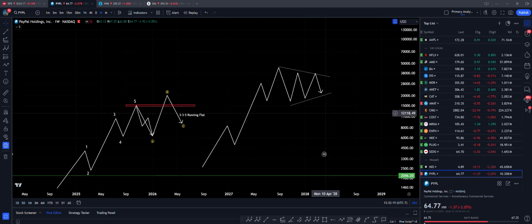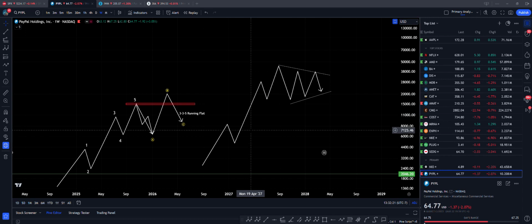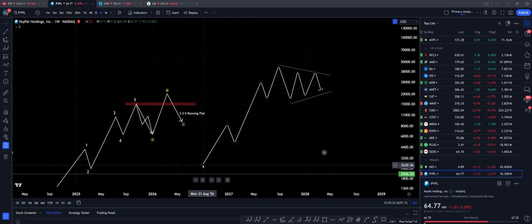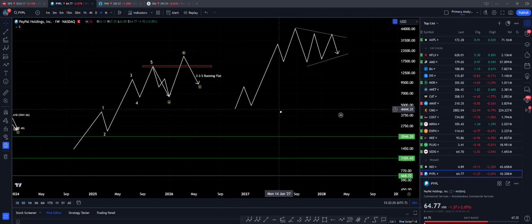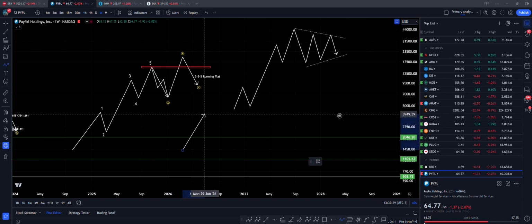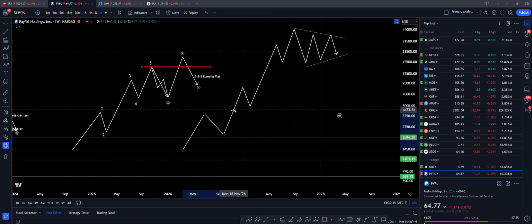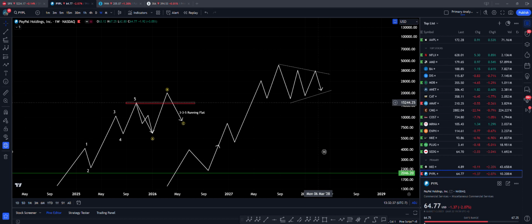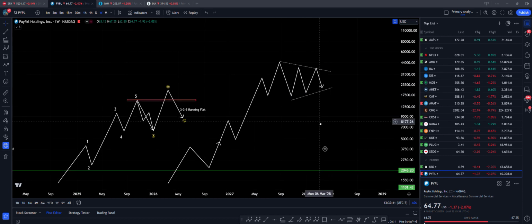Just to correct myself there, let's fix it so it's not confusing. Sorry, triangles appear generally in wave 4, so I wanted to make sure it's marked right.